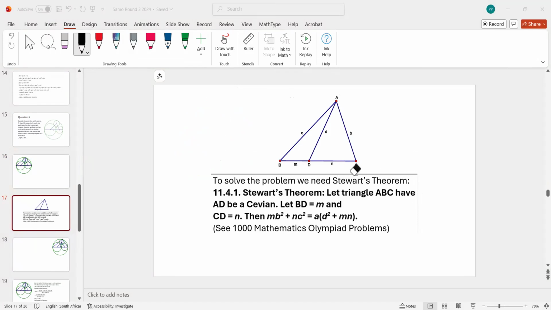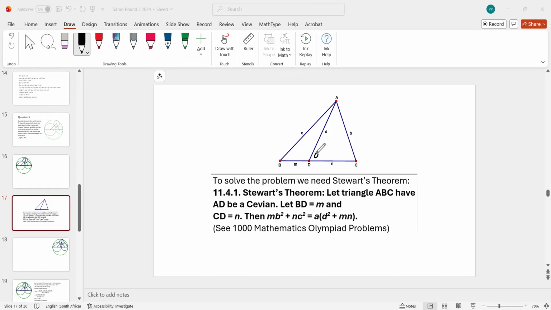So that's the statement of Stewart's theorem, which I've got here. And I refer you to my book called 1000 Mathematics Olympiad Problems, and in that book I prove this result. But just for the sake of completion, I can prove it because it's quite simple to prove.